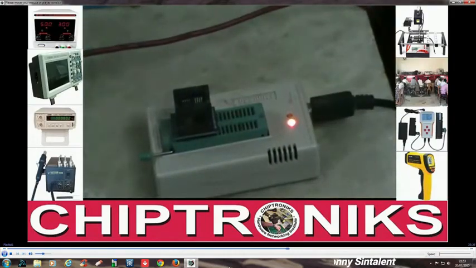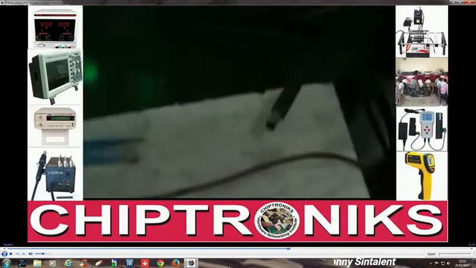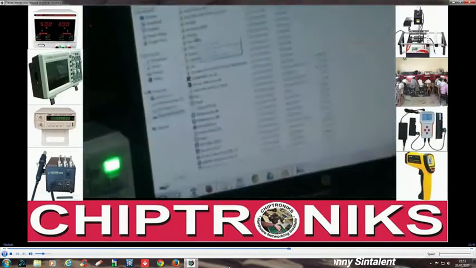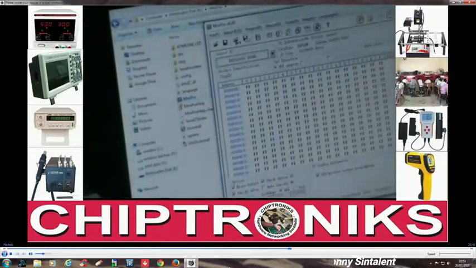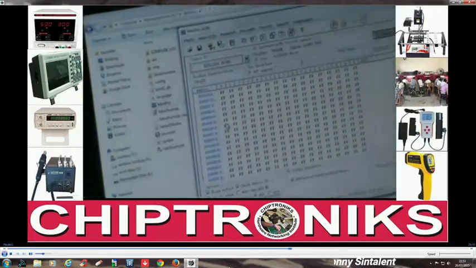Okay. Now I connect the BIOS IC onto the programmer. Now I need to program this IC.